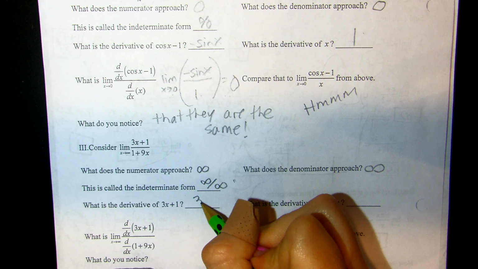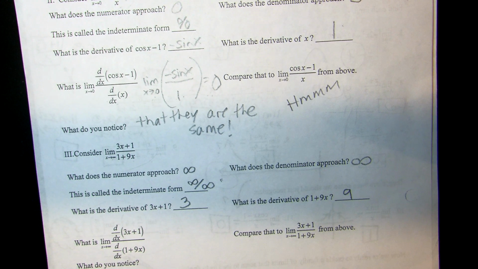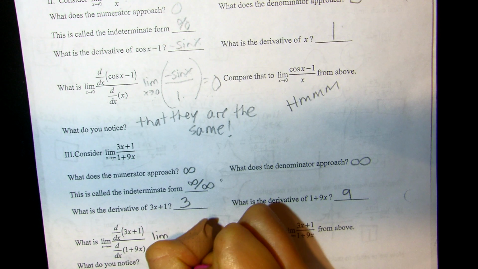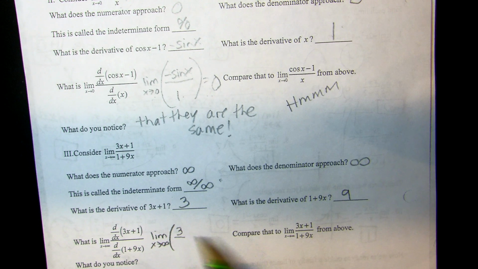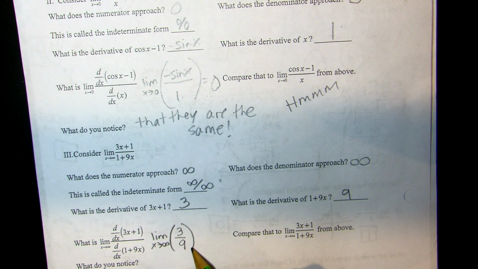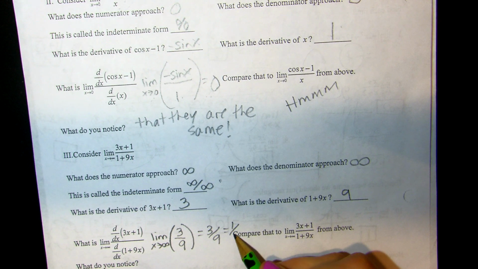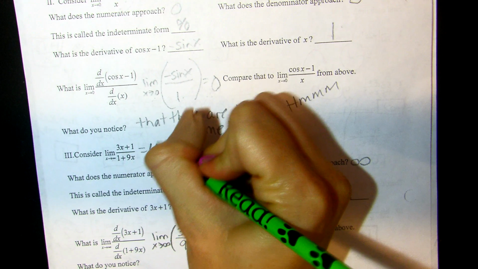You can take the derivative of the top, you can take the derivative of the bottom, and then you can do a brand new limit question where you are doing the derivative of the top and the derivative of the bottom. And the answer to this limit question is going to be our answer to the original.